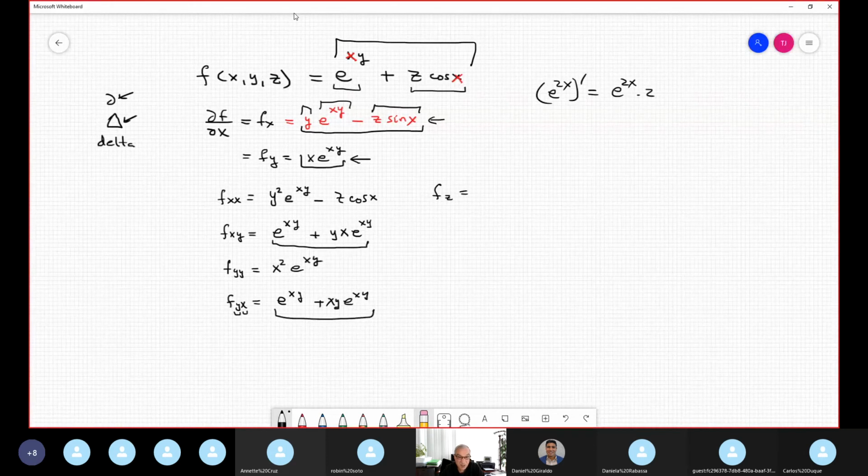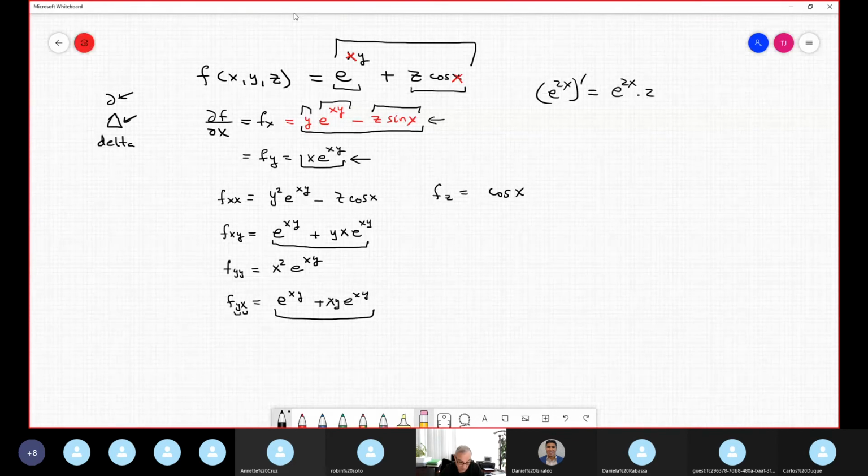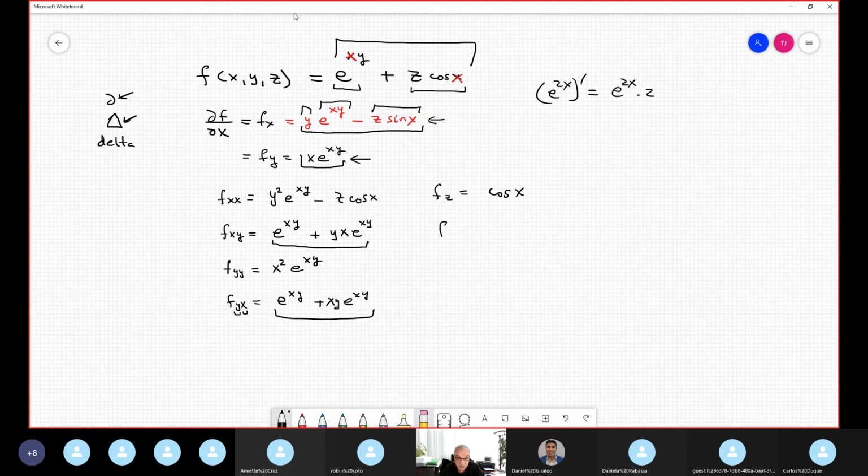Entonces es obvio que the exponential is non-dependent on z, and this is z cosine x, no? Entonces the derivative of z with respect to z es 1, entonces just cosine x. And the second derivative, z, differentiate this expression with respect to z, pero does not depend on z, is 0.